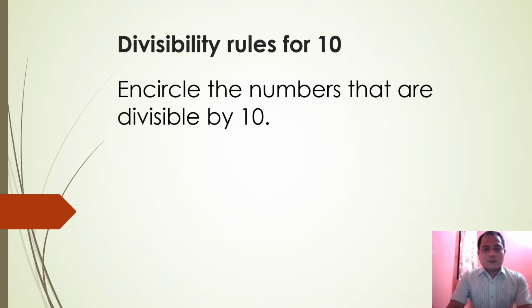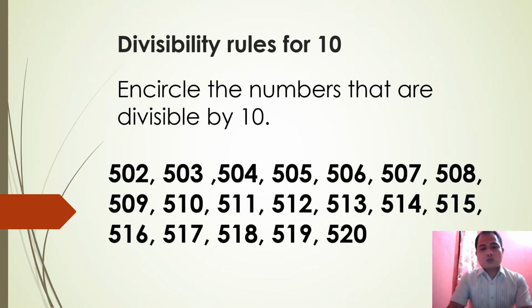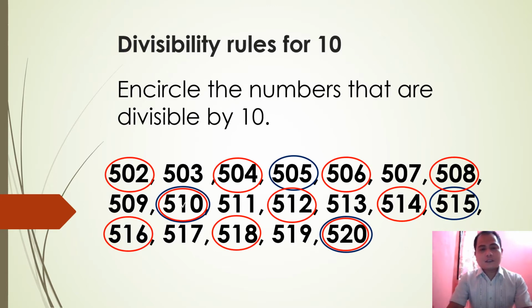Let's try an activity again. Encircle the numbers that are divisible by 10 using the numbers 502 to 520. A while ago, we already identified the numbers that are divisible by 2 and 5. This time, let's identify the numbers that are divisible by 10. So we have 520 and 510.